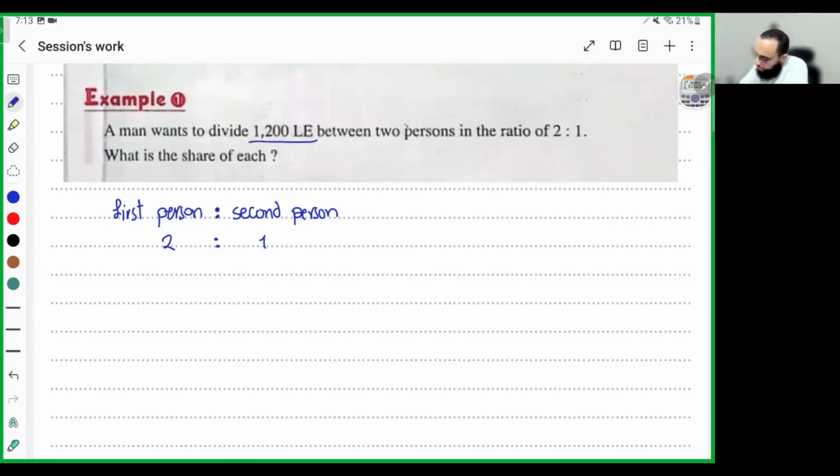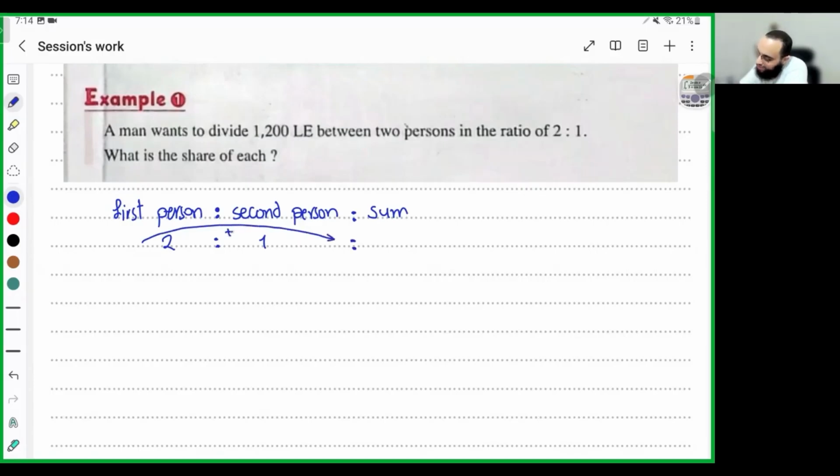What about this number? Does it belong to the first person, the second person, or both? Both. Then we have to add another section. It's called the sum. The sum of what the first and the second person have together, which is 1,200. The sum of the ratios is 3.